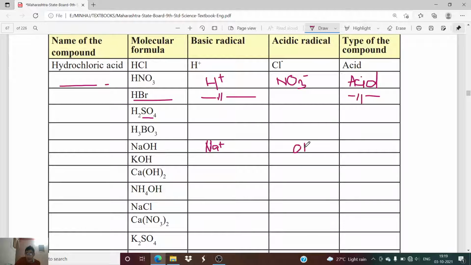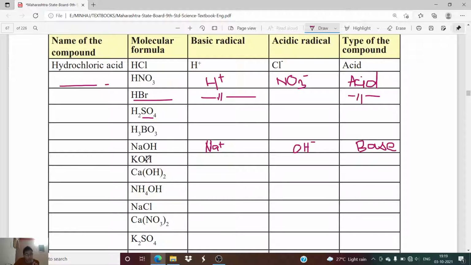So if the compound has OH minus as the acidic radical, then the given compound is basic in nature. What is it? It is basic. Okay, it is a base. Similarly KOH, that is potassium hydroxide.